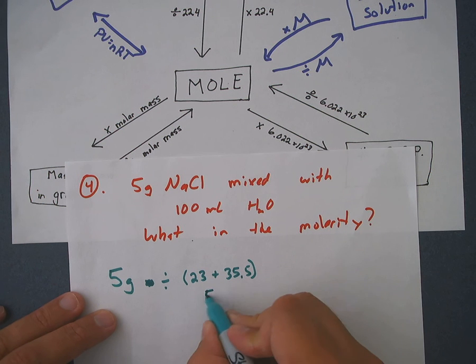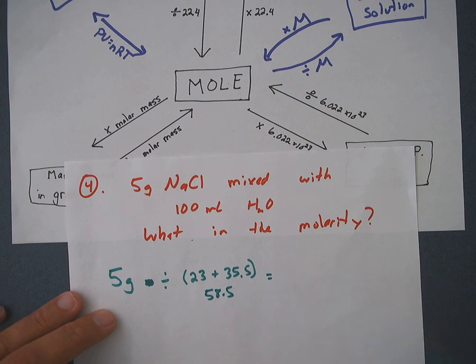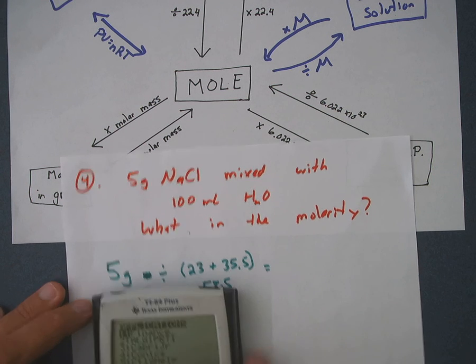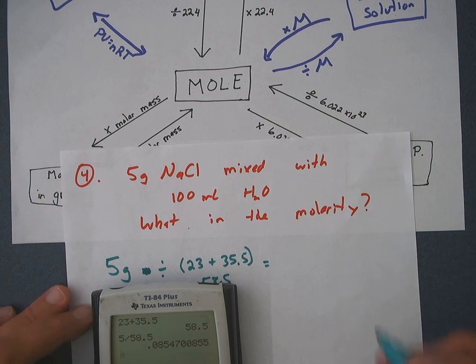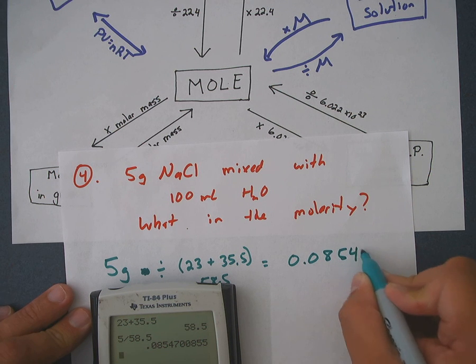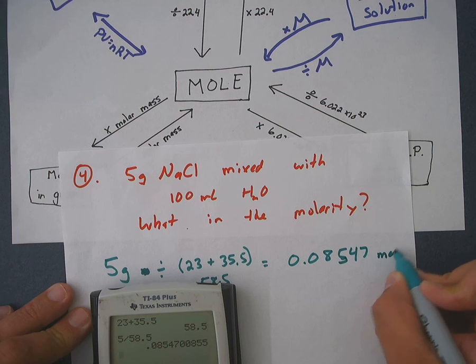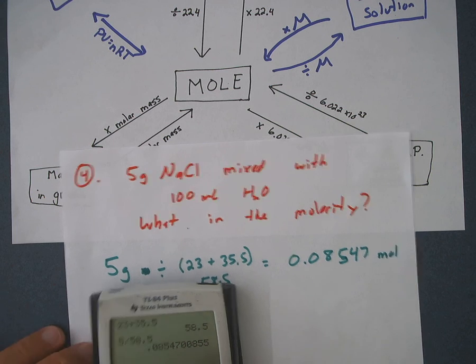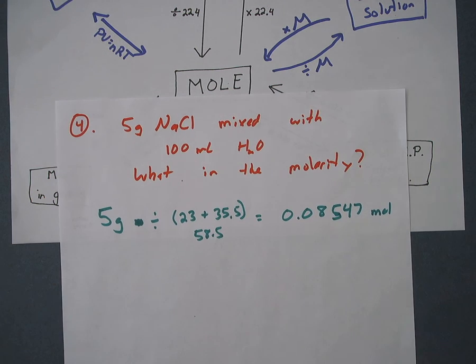I'll put in 58.5 here. 5 divided by 58.5 equals 0.08547 moles. Good.